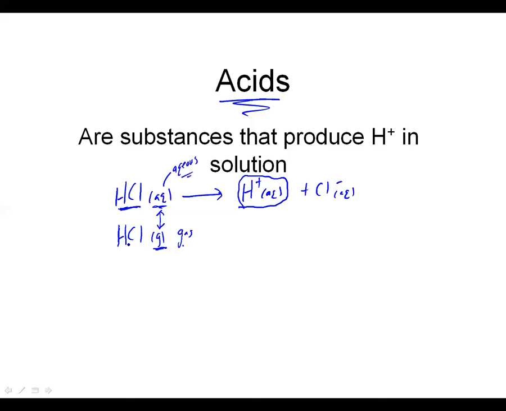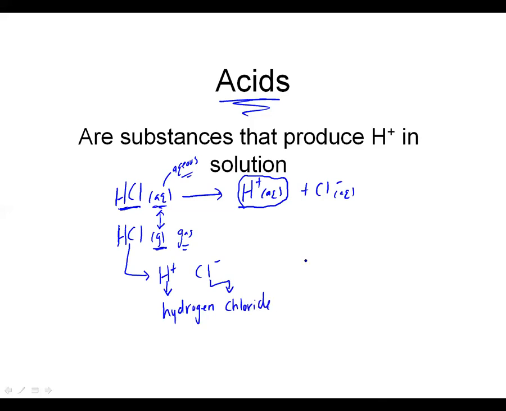We think of this as H+ and Cl-. In the gas state, we just call this hydrogen. Whenever you have a hydrogen that comes first and it's not an acid, we just call it hydrogen, and this would be named like normal, chloride. So that would be hydrogen chloride.